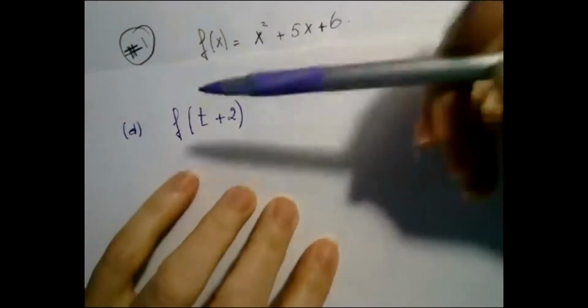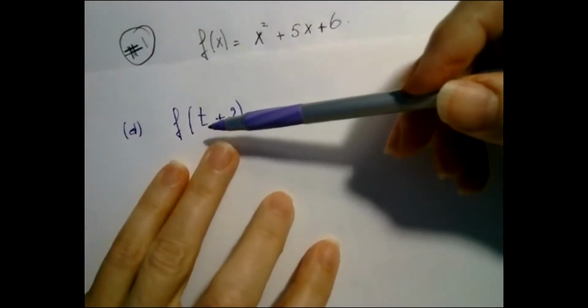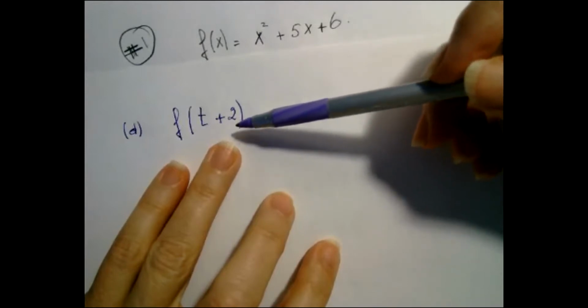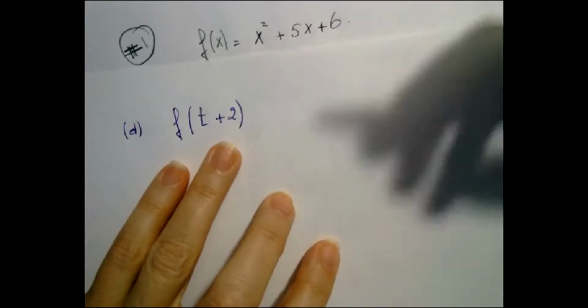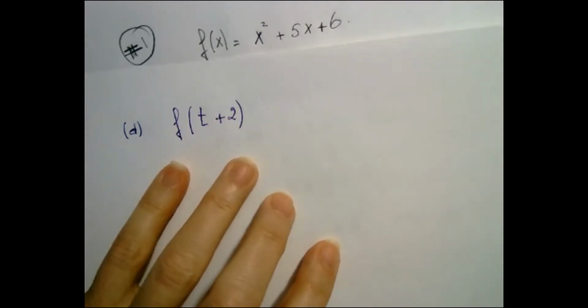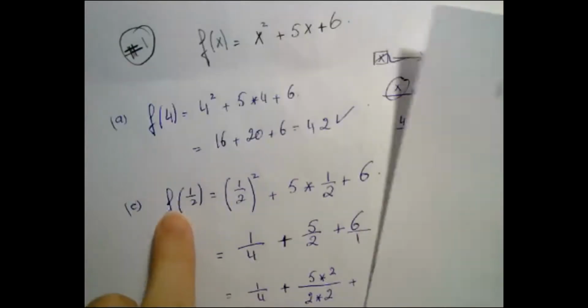Now, first, this is a t. You cannot give it a value. At this stage, the goal of those problems is to help us learn how to deal with functions symbolically, which is absolutely crucial for us. Plugging in numbers is not really hard, but symbolically is how we deal with the function.